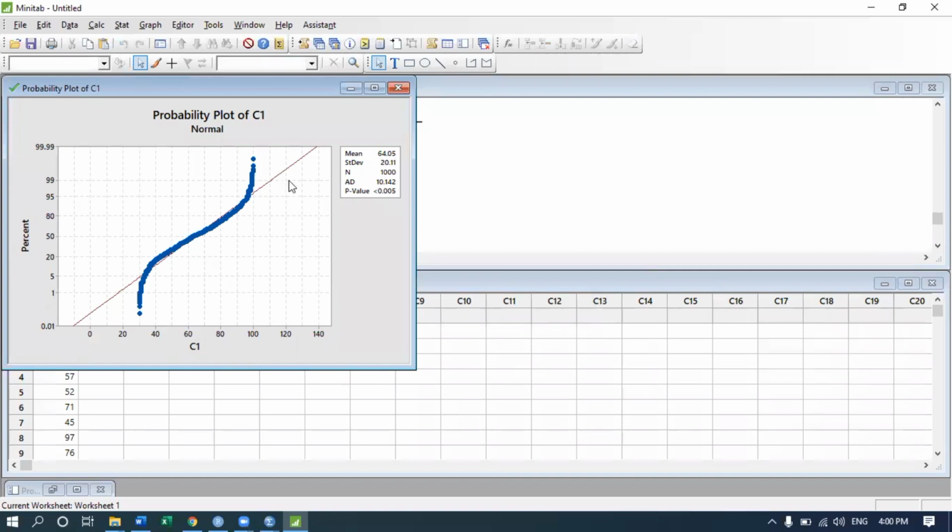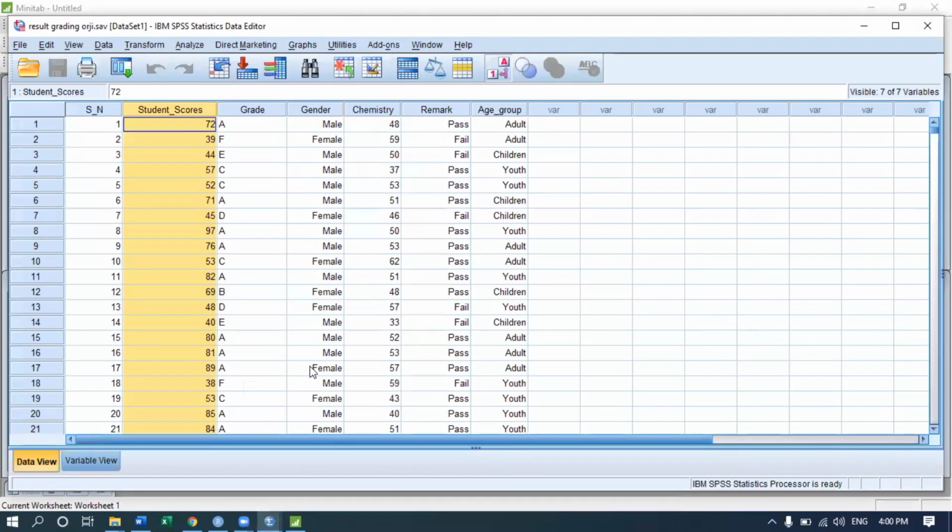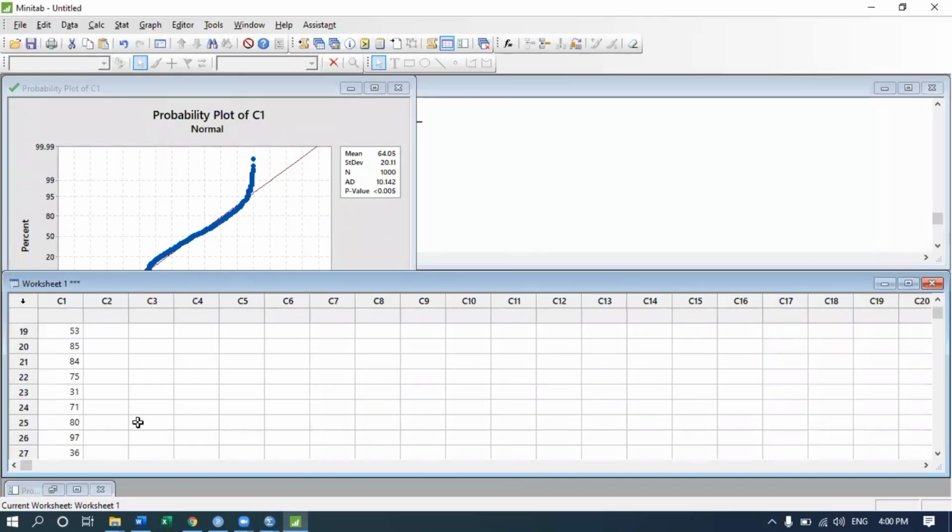Why is the plot different? Let me see. Did I copy the right data? It's supposed to be 1000.